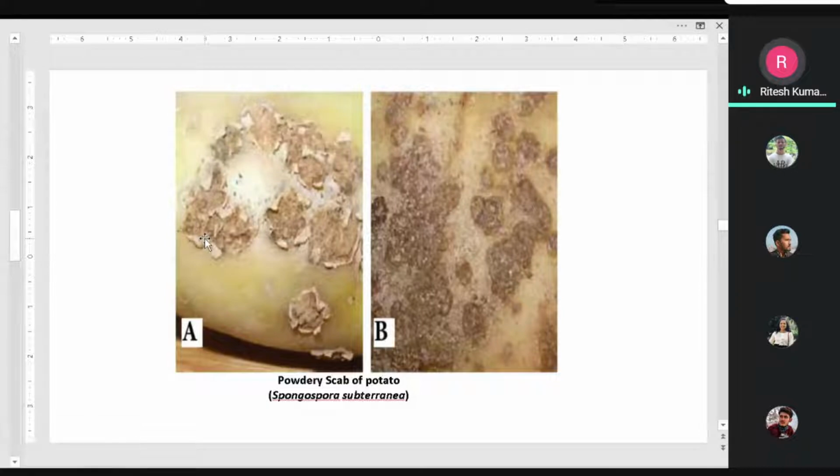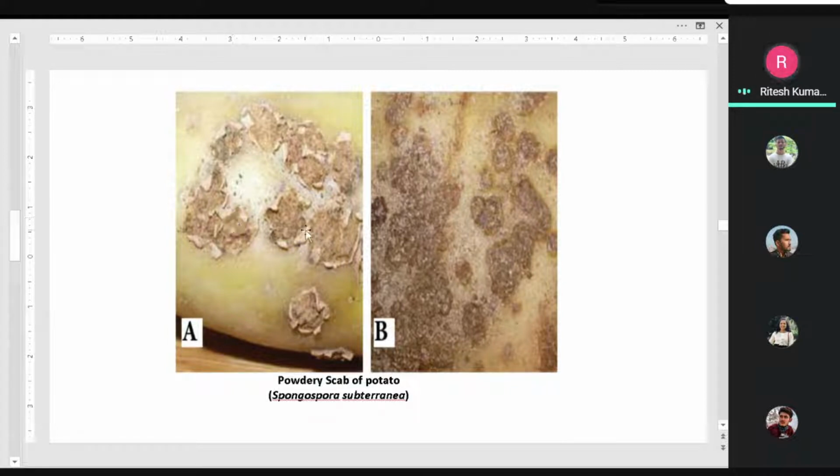So in this case, the tubercle skin on the edges forms some kind of loose flaps, or you can call it peeling, some kind of loose flappy skin is seen on the margin.